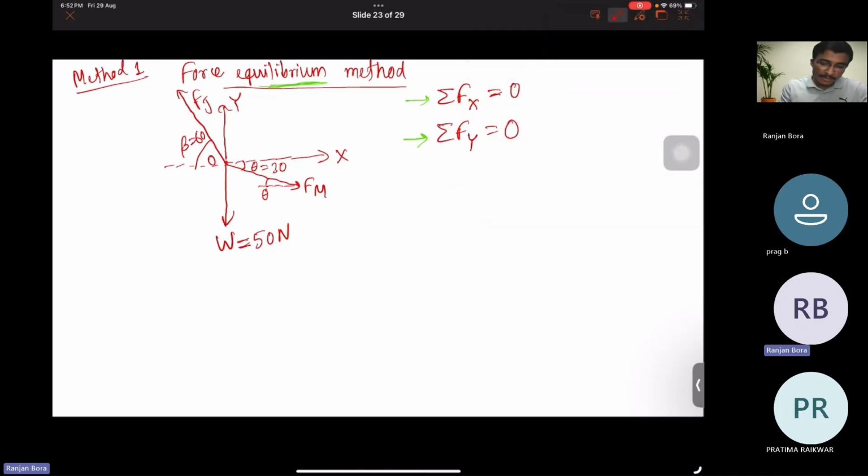Okay, now summation of Fx is 0. From this equation, along the x-axis, what are the forces that are acting? The component of Fm along the x-axis is Fm cos theta, and the component of Fj along the x-axis is Fj cos beta.